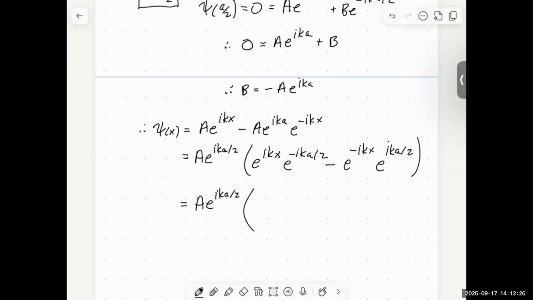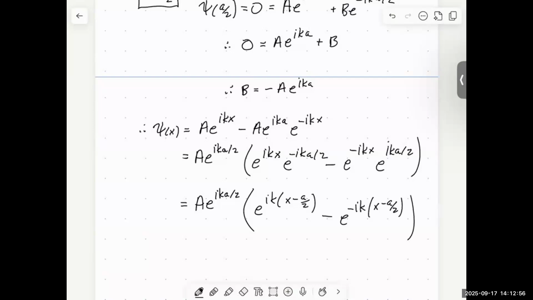All right, so we'll do e to the ikx. I'm going to pull out an ik, and I'm going to get a minus a by 2. And then over here, I'll get a minus e to the minus ik, and we'll have an x, and then we're going to get a minus a by 2.